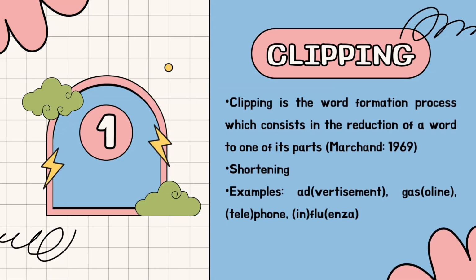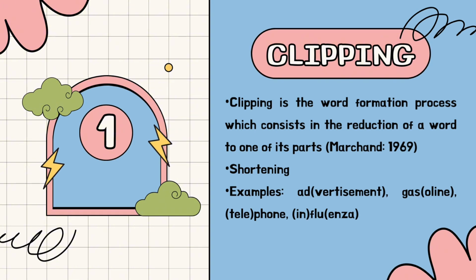First, clipping. From the root word clip, it means the word formation process which consists in the reduction of a word to one of its parts, or in other words is shortening.